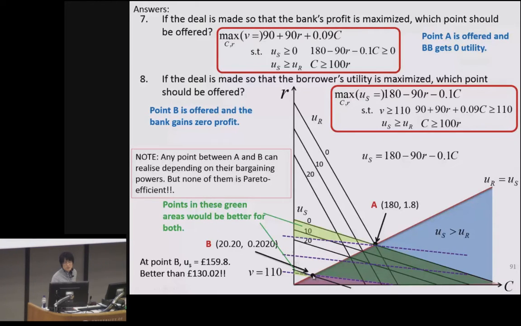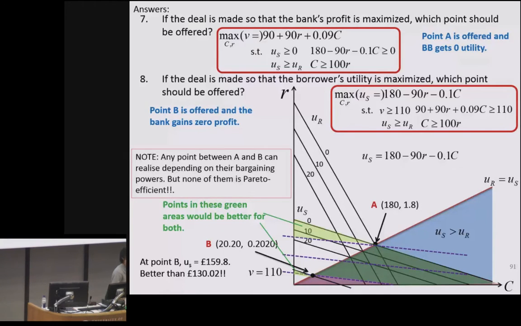Similarly, if you compare point B and any point in this small green area in the northwest, the point would Pareto dominate point B, but that point cannot be achieved because of this potential moral hazard problem. And that's why economists don't call these points on this segment first best. These points are called second best. Okay, they are not Pareto efficient.